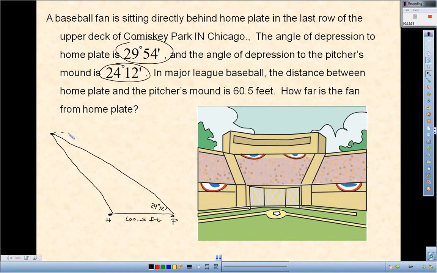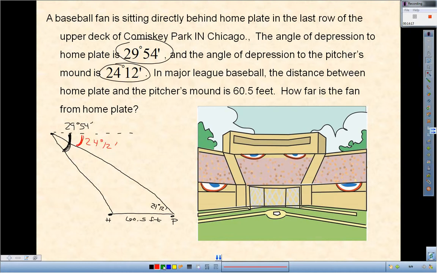So check this out: the angle of depression to home plate, that big angle, is 29 degrees 54 minutes, and the angle of depression to the pitcher's mound is only 24 degrees 12 minutes.